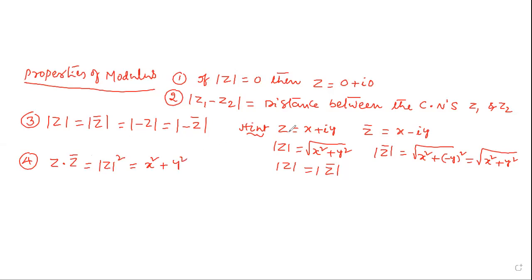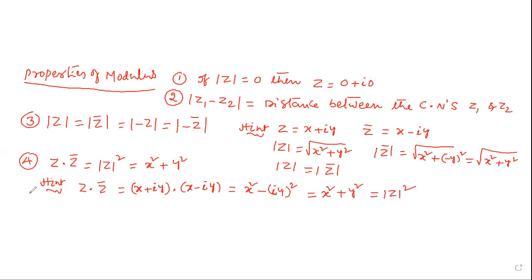Already we have seen the Z value and the modulus are the same, but look at Z times Z bar: (x + iy)(x - iy). Using (a + b)(a - b) = a² - b², we get x² + y². This is the modulus of Z squared.